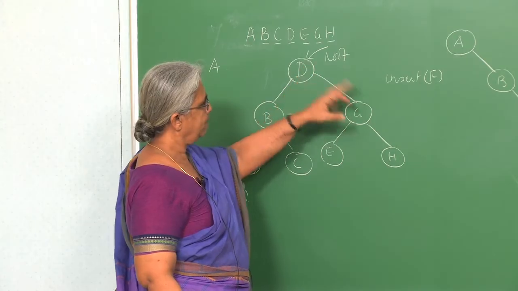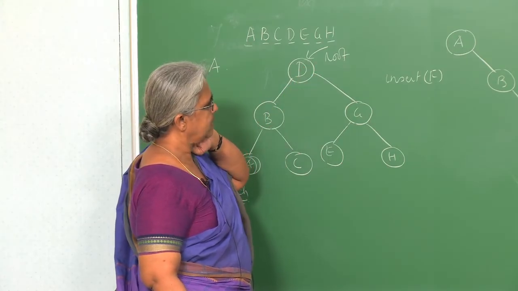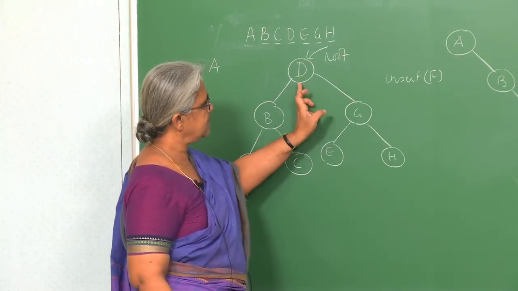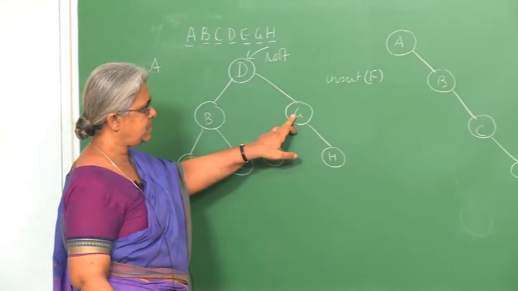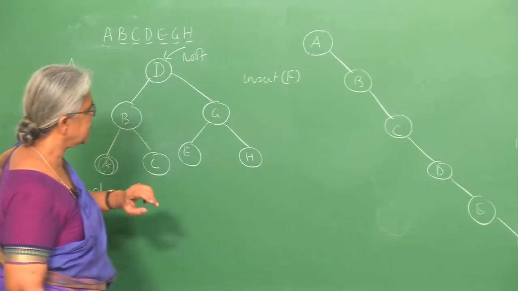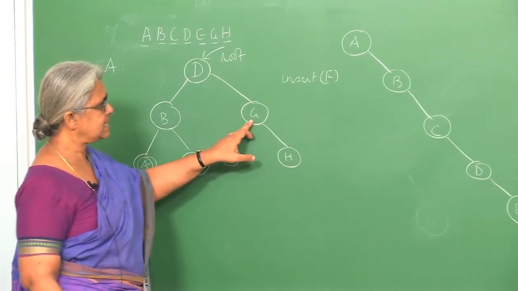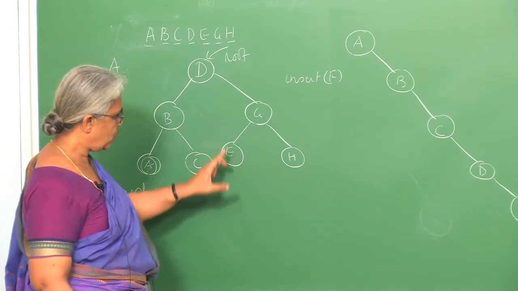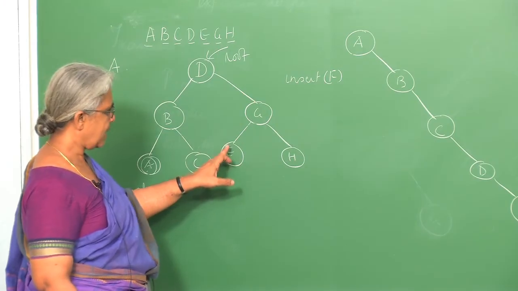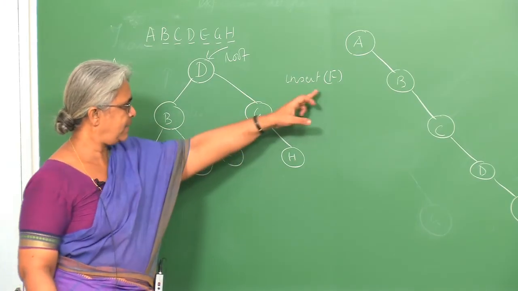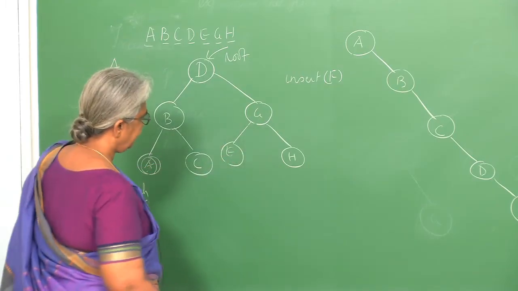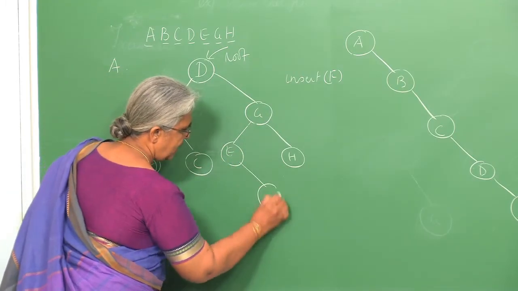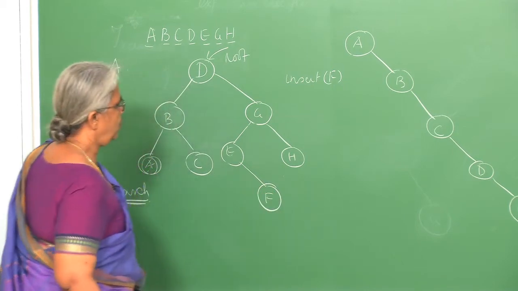It is not matched, but F is larger than D. So, I go down this subtree, then I compare with G. G and F are again unmatched, but clearly G is larger than F. Therefore, I go down its left subtree, I compare with E. E and F are again not matched, but F is clearly larger than E. Therefore, I go down here and I insert F over here.